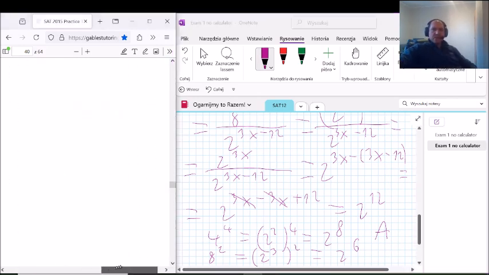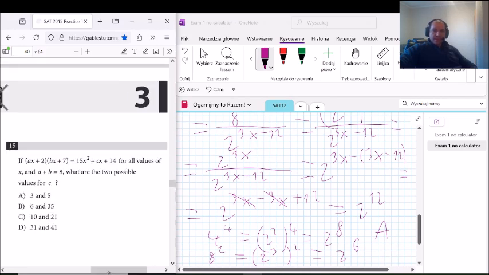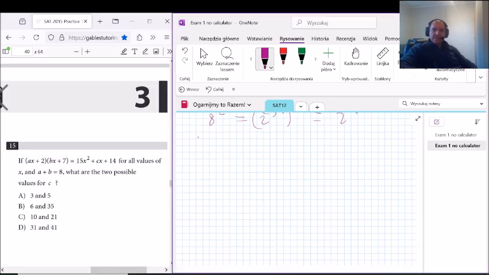And let's go to question number 15. So, exercise 15. If ax plus 2 times bx plus 7 equals 15x squared plus cx plus 14 for all values of x and a plus b equals 8, what are the two possible values for c?